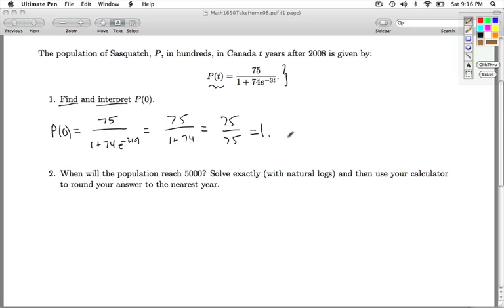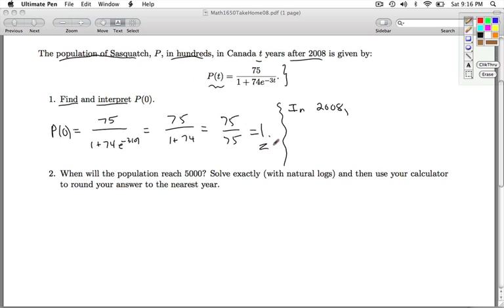Now the question is, what does that mean? Well, plugging in 0 for t, t represents the number of years after 2008. So this means we're 0 years after 2008, so we're in the year 2008. I'm plugging in t equals 0 and getting the population of Sasquatch, but that's measured in hundreds.